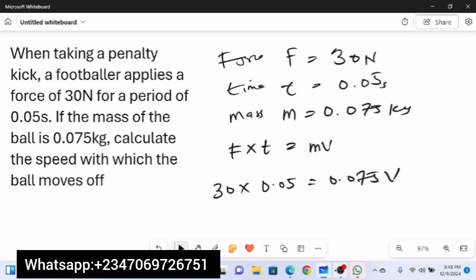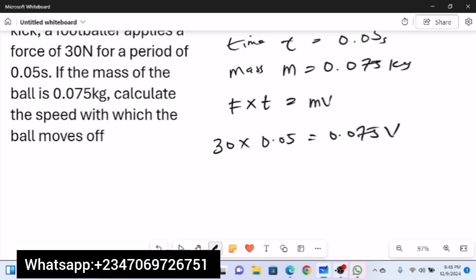Alright, so 30 multiplied by 0.05 simply gives us 1.5. So we have 1.5 equal to 0.075 v. So we simply make v the subject.